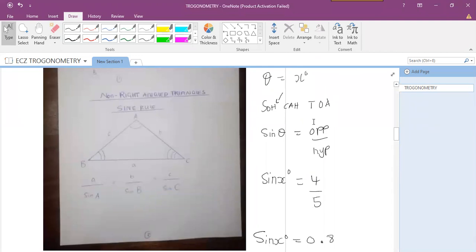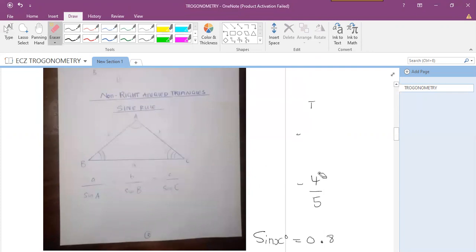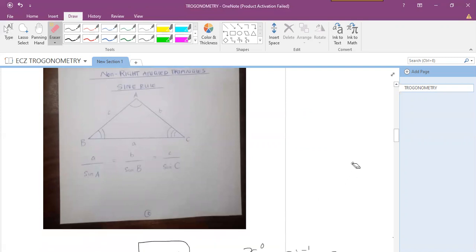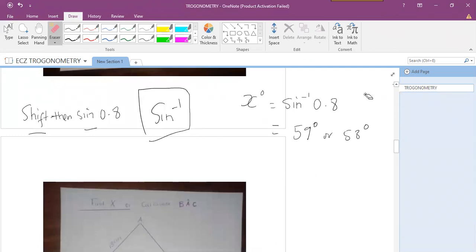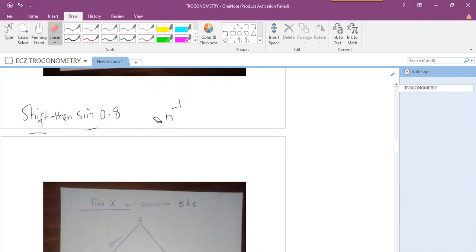So let's now talk about non-right angle triangles. Let me just wrap the board in a digital era, I suppose, so that we talk about the sine rule and how you are supposed to identify the sine rule or the cosine rule in the exam. Very, very simple way to identify this in the exam.